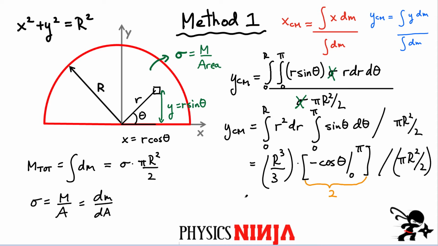Now we group it all together. So what are we left with? We can cancel out a couple of these radius. We have radius squared in the denominator. We have a cube here, so we can get rid of 2 of those. And that's it. Now we put it all together, and what you end up getting here is the y position of the center of mass. All right, so we have r, and we have over 3.